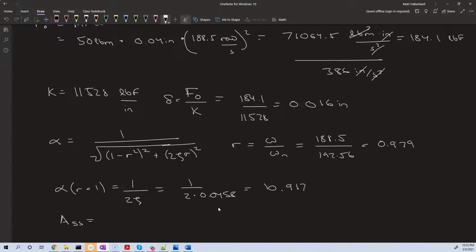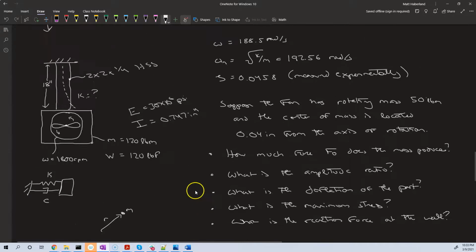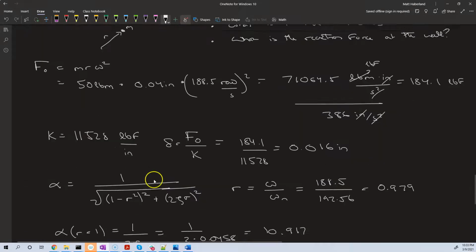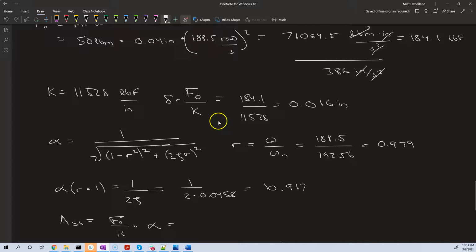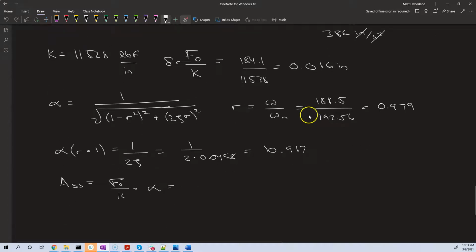Eventually, it's going to start vibrating at the same frequency as the fan is spinning at, omega, and with an amplitude of our f naught over k times the amplitude ratio. And so f naught over k was 0.016. All right, so it's now going to be oscillating at 0.175 inches.